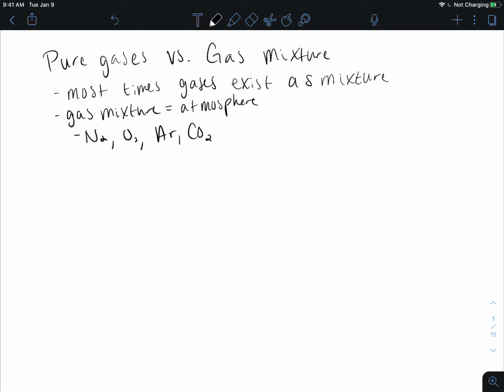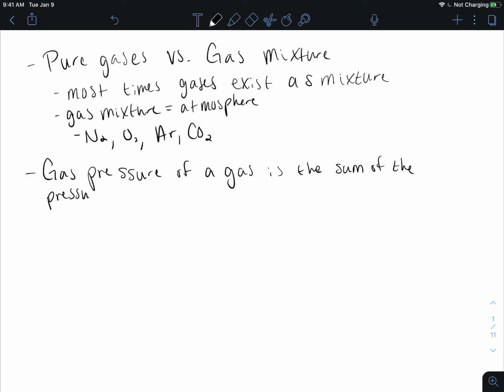And the total pressure of the gas is a combination of the partial pressures of the component gases. So the gas pressure of a gas is the sum of the pressures of the component gases.